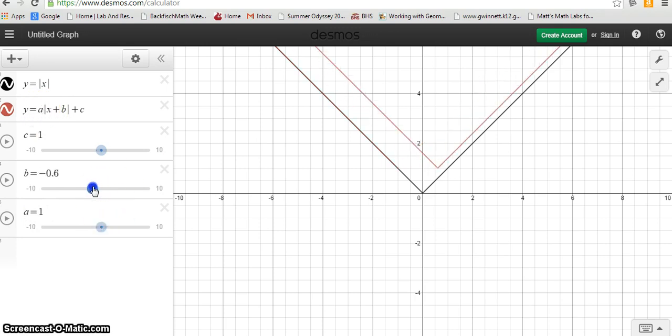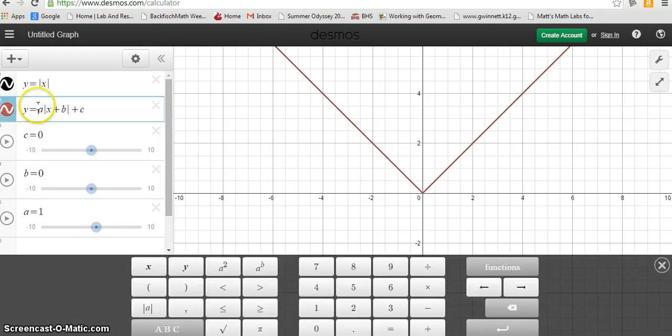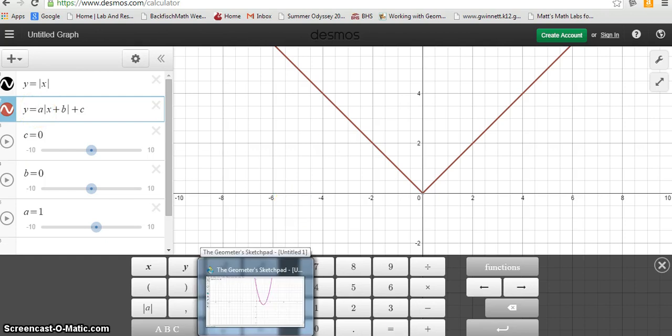But we could put these to 0 so they don't impact anything, or we could close them out. So that one at a time you want to examine what impact this has on your graph. So go ahead and walk through all of the parts of the chart down at the bottom, experimenting with adding and subtracting numbers inside the absolute value, outside the absolute value, numbers out front, and also negatives out in front of those numbers out front. And we will finish talking about this tomorrow.